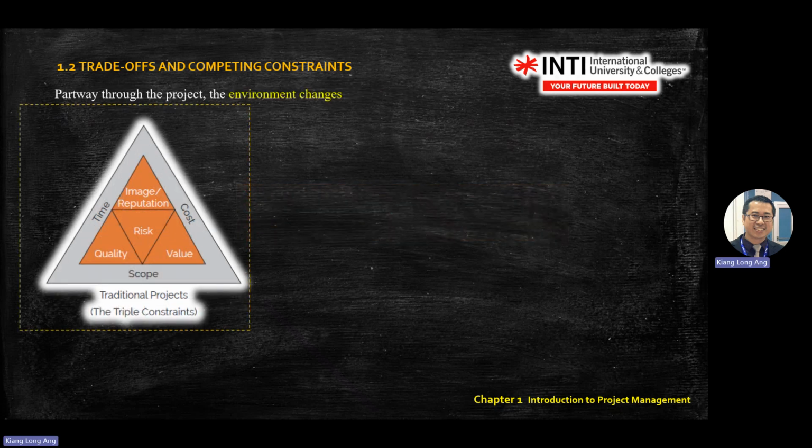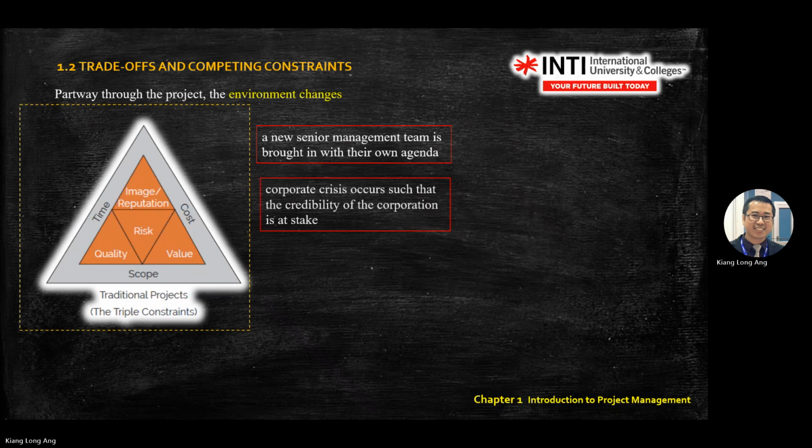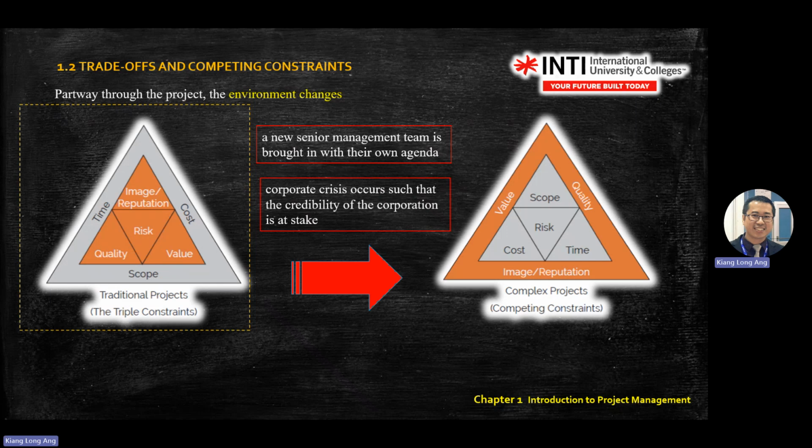Okay, this one you read. So it can change from the left to the right triangular. For example, if you change to a new management, or a corporate risk crisis occurs, such as a credibility problem. So you can see there's a difference between the two. They change the primary time to secondary.